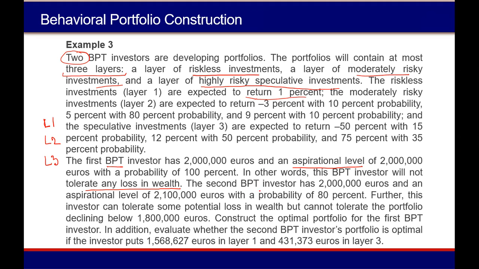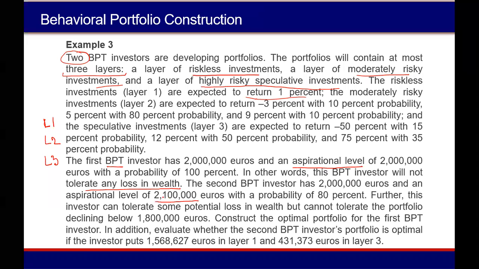Okay, the second BPT investor has 2 million euros, the same level of wealth, and he wants to make investment, but he has a special aspiration that he wants to have some return on his investment, and that is 2.1 million.